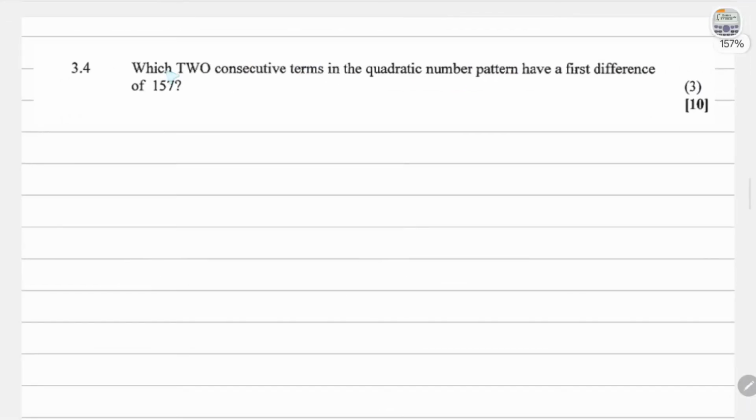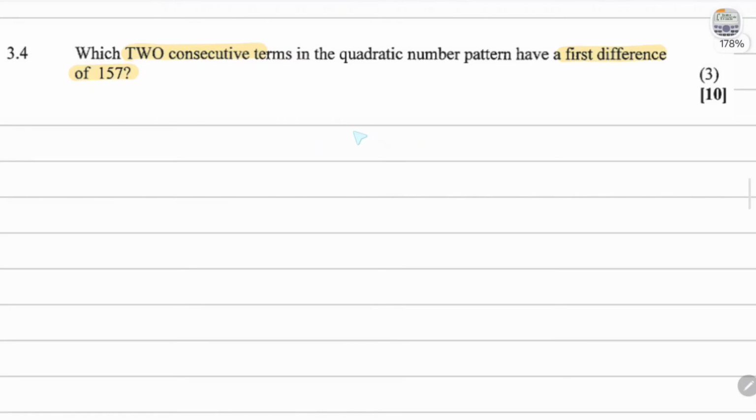Question 3.4 says, which two consecutive terms in the quadratic number pattern have a first difference of 157? They're giving us a first difference. So at the end of the day, they just want to find out in the quadratic pattern which two terms have a first difference of 157.